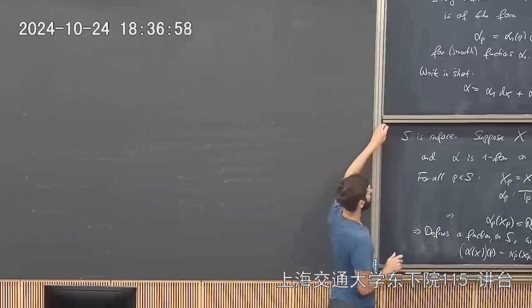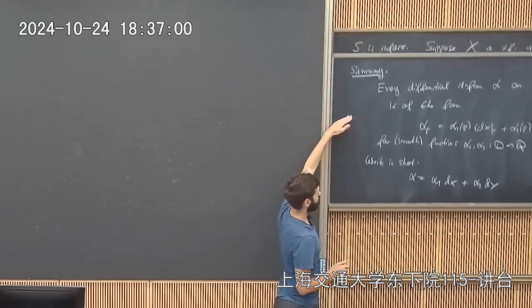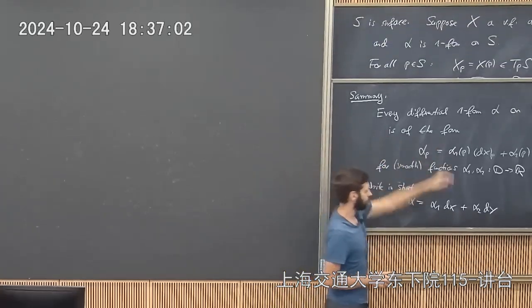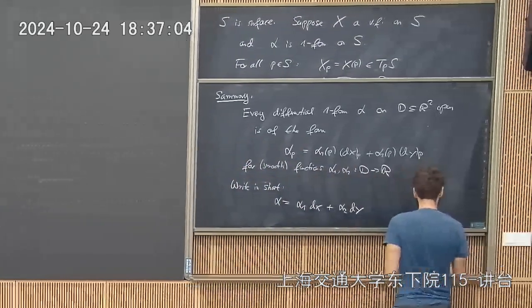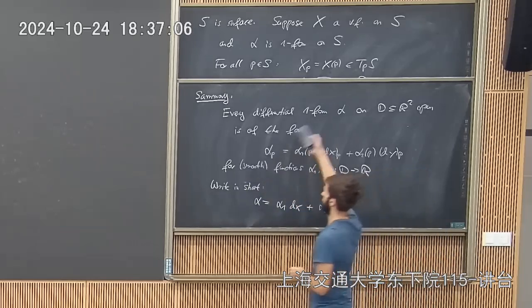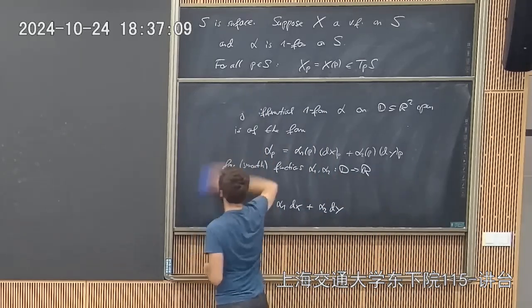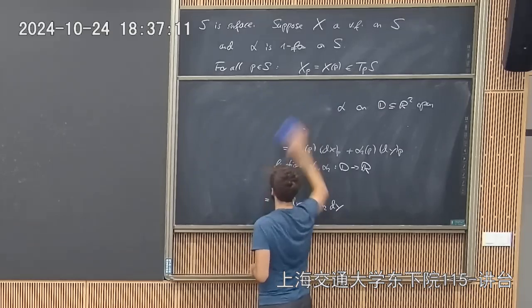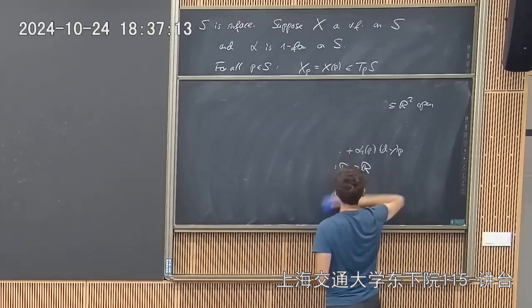So let's go back to this setting where we had something on an open subset, and let's investigate what df looks like in the case when we have a function defined on an open subset.